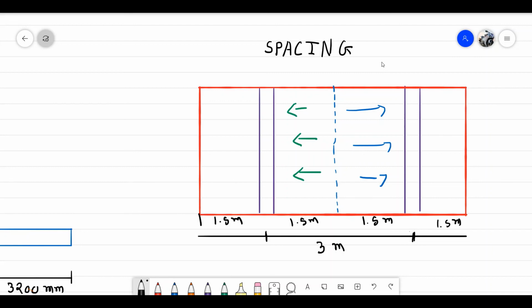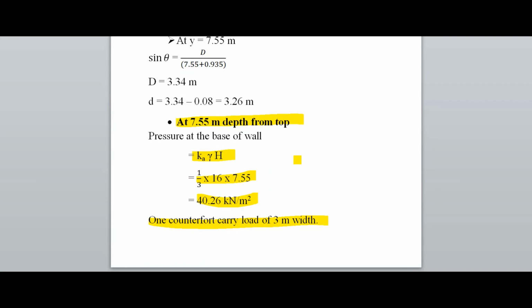So the total length is 3 meter. This load is carried by a counterfort. That's why I am writing 3 meter. If the spacing of the counterfort is changed at some time, the length will change.